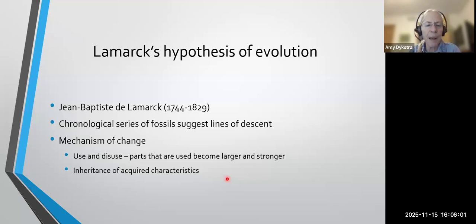Now, from what we've learned about genetics in the last 150 years, we know that it's not true, that you don't pass on acquired characteristics. And so these mechanisms have been discredited, but Lamarck was still influential in that he proposed that organisms had evolved.